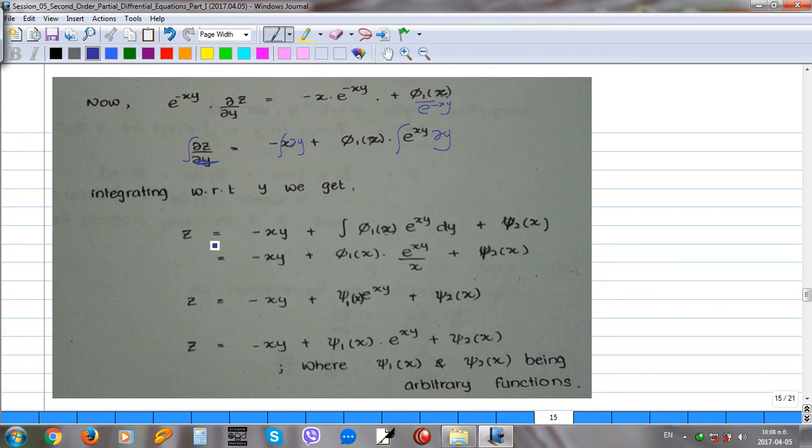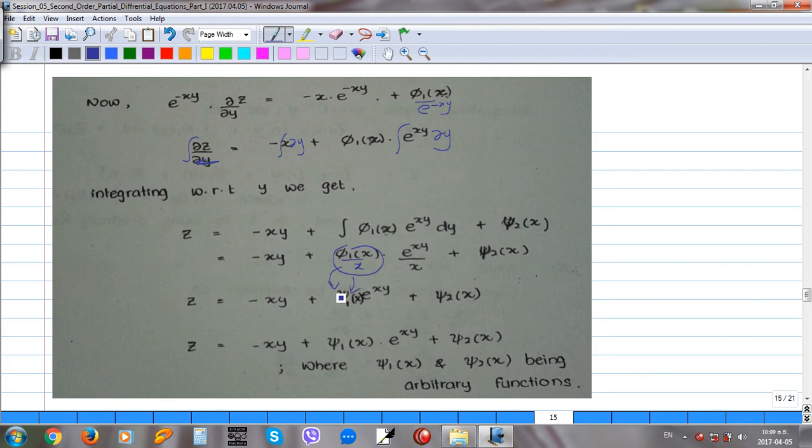So here z is created, then ∂y means y is created, this minus xy, and this you have to integrate, and then you have to add a constant. So if you integrate this one, what happens? e to the power xy divided by x, right? It means phi 1 over x, this one is taken as another constant.